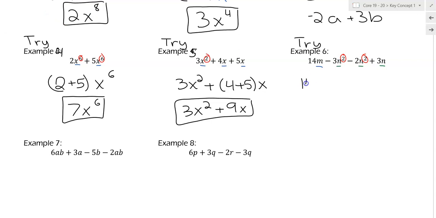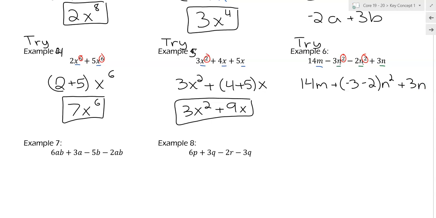So we have 14m. Well, these are the same, so I have a negative 3 and a negative 2n squared. And then this is off on its own. So I actually have 3 different types of terms in this one.